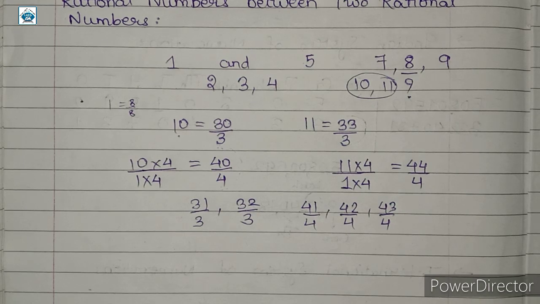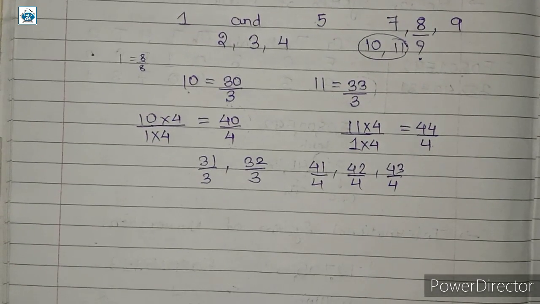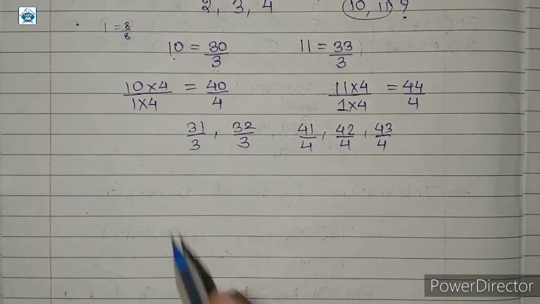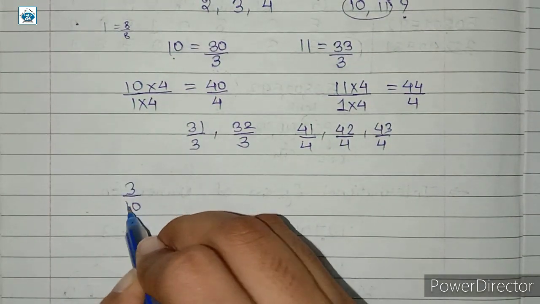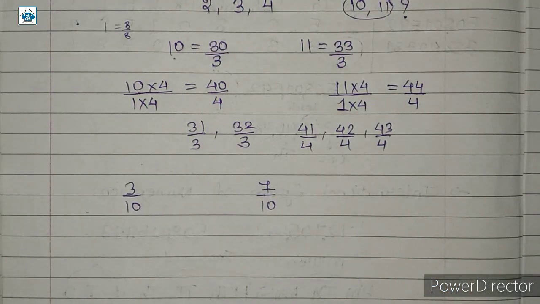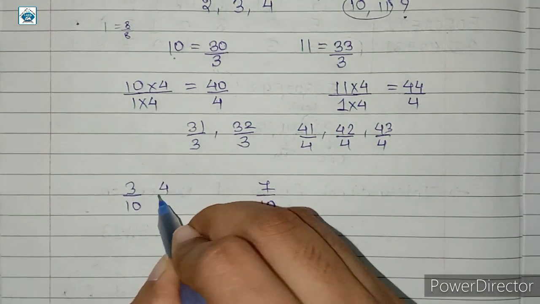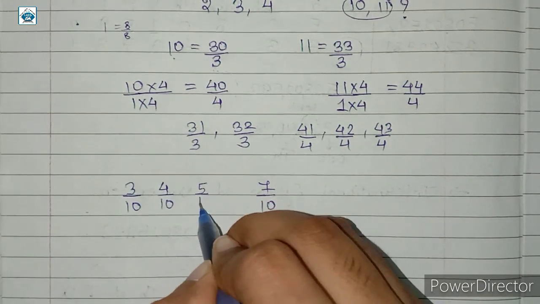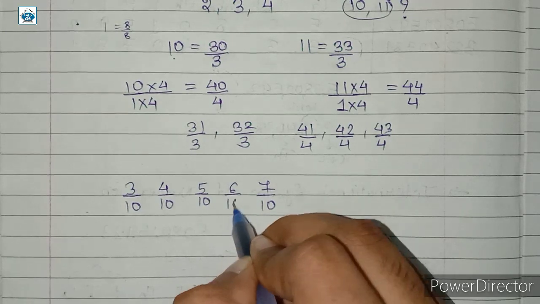Now consider another pair of rational numbers which are already in the p by q form, that is 3 by 10 and 7 by 10. These are two rational numbers and you can see that between them we have 4 by 10, 5 by 10 and 6 by 10.